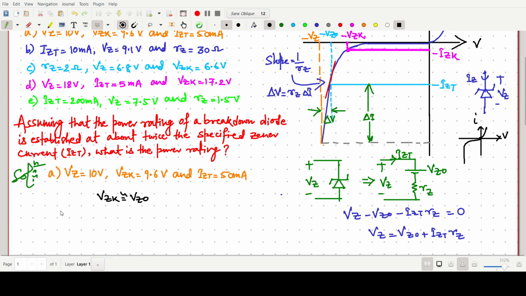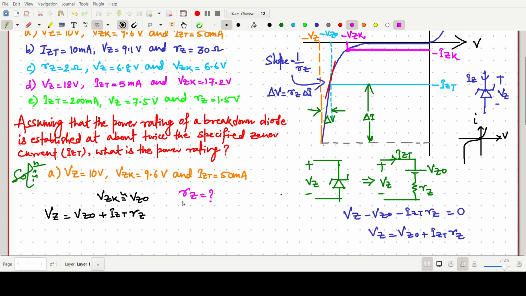From here we can say VZ equals VZ naught plus IZT into RZ. So here RZ is missing in this one. Simply we can say the RZ, our dynamic resistance or incremental resistance, is missing. It is generally in ohms or tens of ohms. So RZ we have to find.